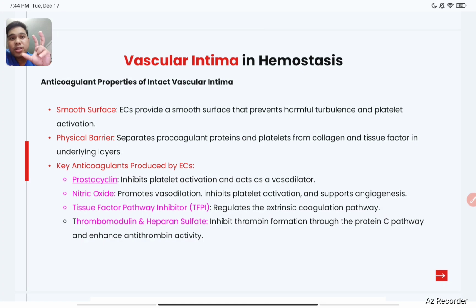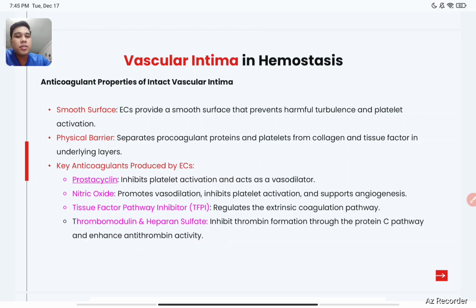And we have learned previously na kapag na-expose yung platelet sa collagen, it can also be activated. Kaya, this vascular intima, it serves as a barrier para hindi magkaroon ng contact si platelet tsaka yung collagen na nasa connective tissue para hindi siya ma-activate. Kasi saka lang siya ma-expose sa collagen kapag meron nang damage doon sa blood vessel or kapag na-damage mo tong tunica intima.